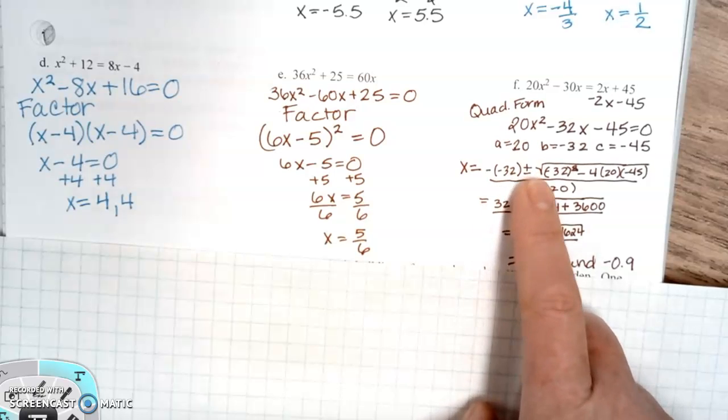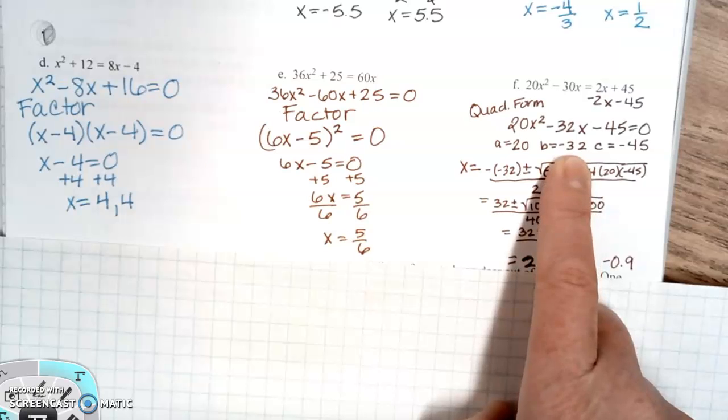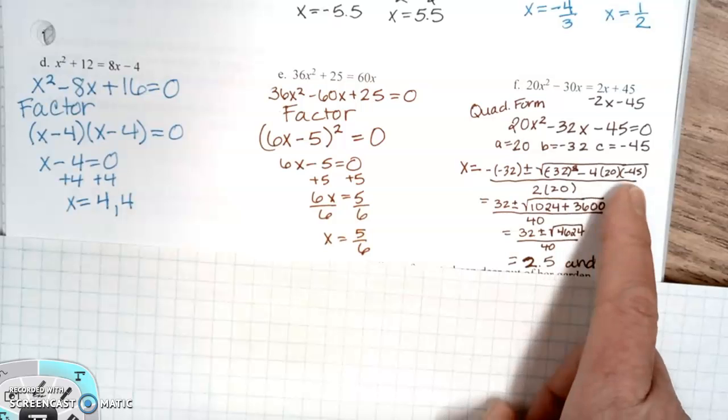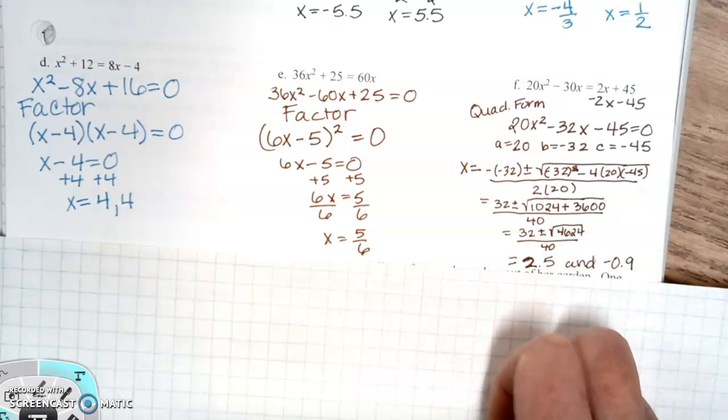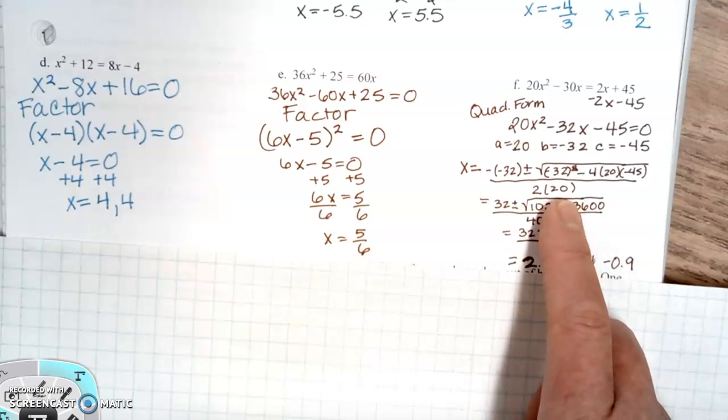Plus or minus the square root of b squared, which is negative 32 squared, minus 4 times a, which is 20, times c, which is negative 45, all over 2a, which is 40.